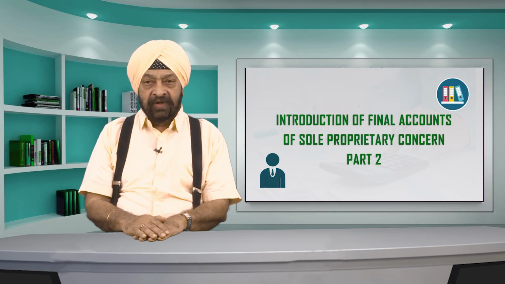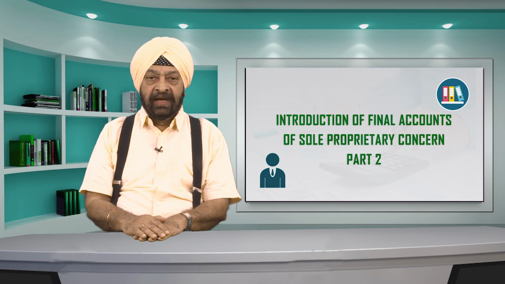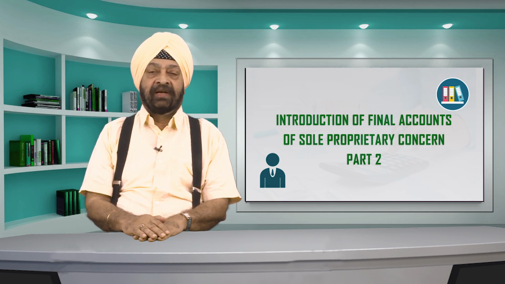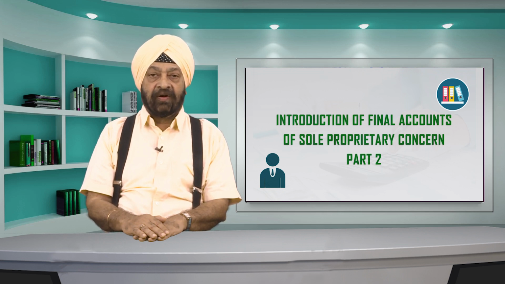Closing stock is recorded at the end of the year and is shown in the trading account on the credit side. At the end of the accounting year, valuation of stock is inevitable. For valuation of closing stock, the convention of conservatism, that means prudence, is to be followed. Friends, you may refer to chapter number 1 for recollection of conventions, concepts and principles of accounting.